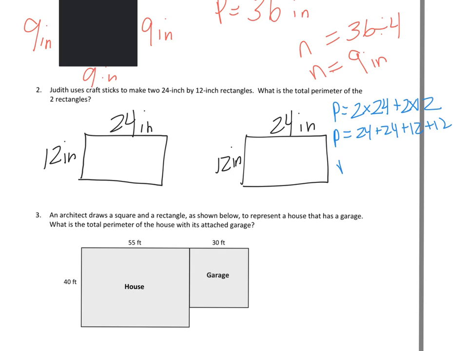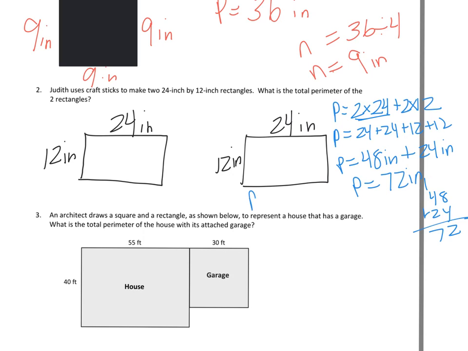So if I do 24 plus 24, or 2 times 24, same thing, I'll get 48 inches, plus 12 plus 12, or 2 times 12, which is 24 inches. And then I'll show that work off to the side. And I'll get 72 inches.